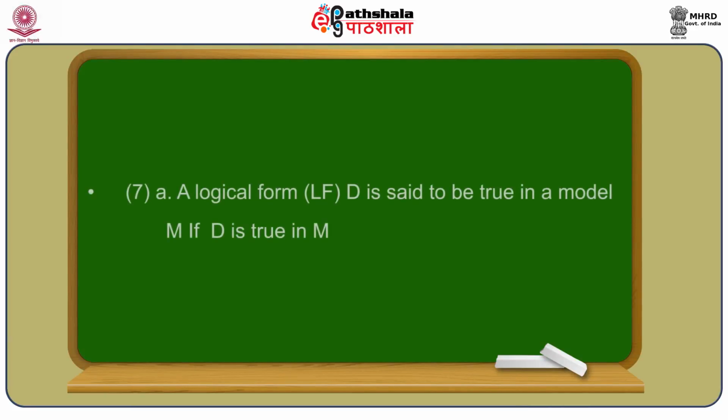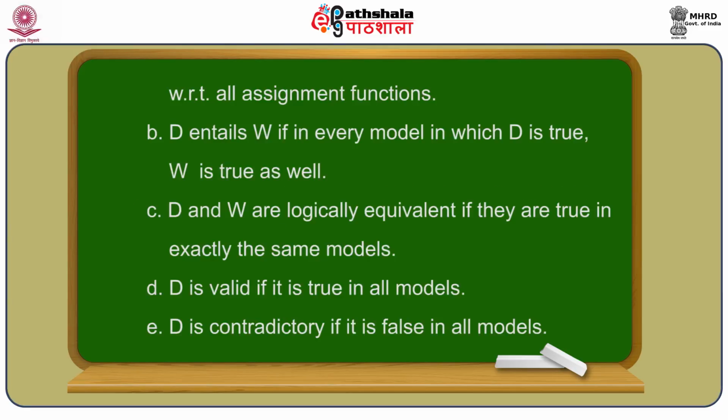Okay. Now, once we have all this interpretation system, various logical notions can now be defined as follows. A logical form delta is said to be true in a model M if and only if delta is true in M. Delta entails omega if and only if in every model in which delta is true, omega is true as well.